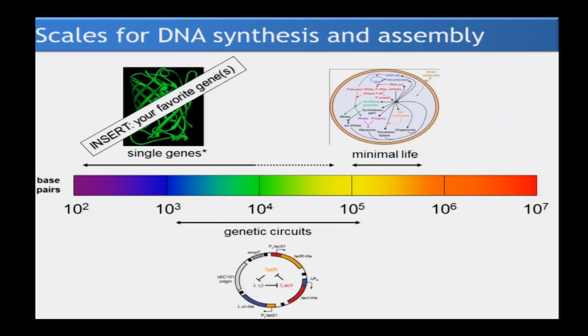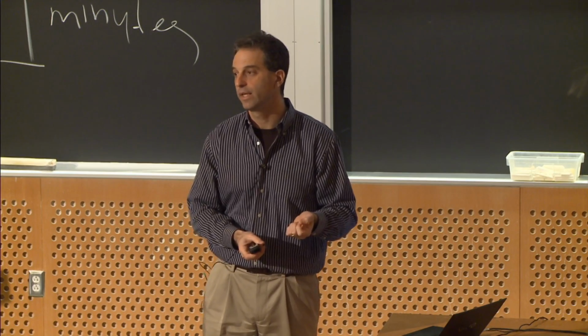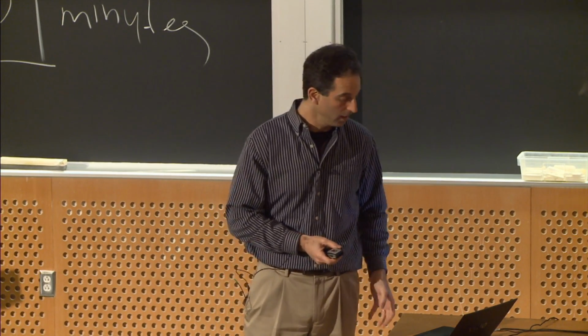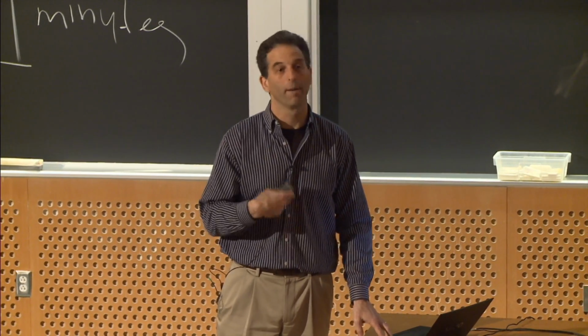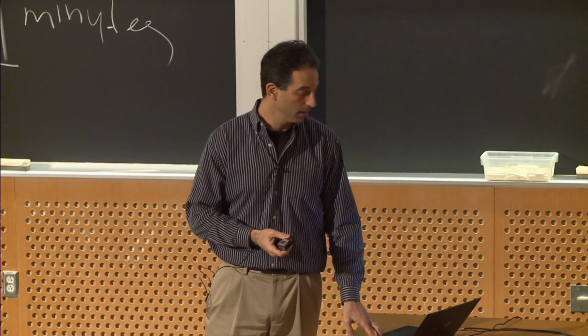Can we create something that's 20,000 bases, 50,000 bases of DNA? Is this something a graduate student can come into the lab and say, I want to design something that will take 20,000 to 50,000 bases? Is this a reasonable thing to consider? And then the question is, what kind of power does that provide to you? What things can you do with that?